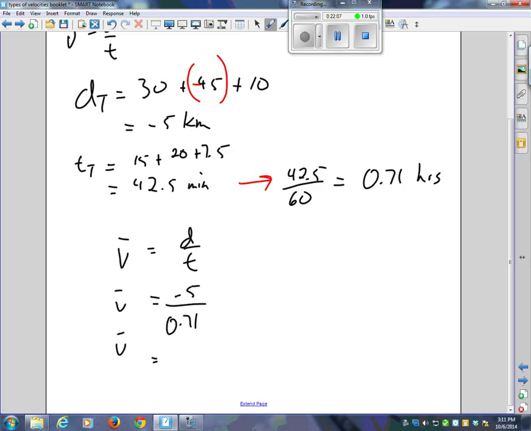Yes, very. If you're one of those ones that's writing all over the place, scattered kind of thing, it's time you learn to organize your stuff, get it in order. Minus 7.04, and that's going to be kilometers per hour.